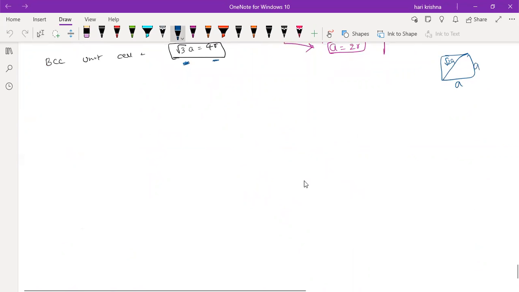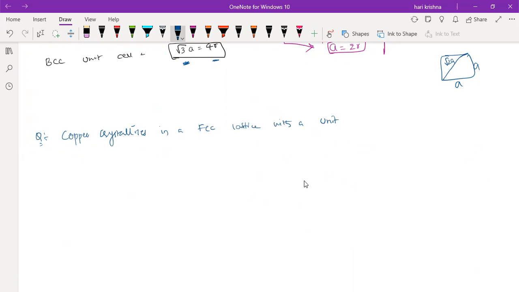So we'll take this problem. Copper crystallizes in an FCC lattice with a unit cell length of 361 picometers. What is the radius of the copper atom?